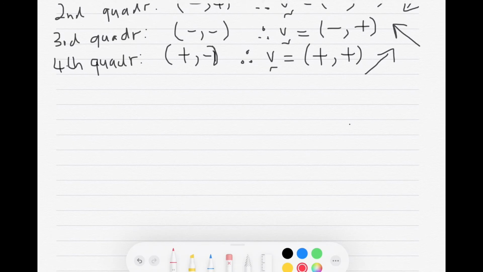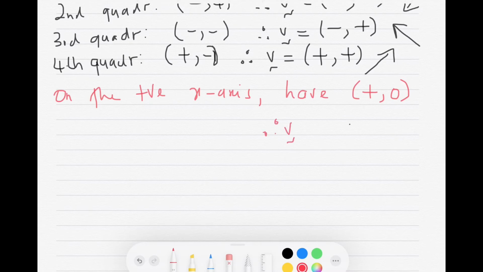So for example, on the positive x-axis, we know that the x's are all positive, but the y coordinates are all 0. Therefore, what would the vector field V look like?